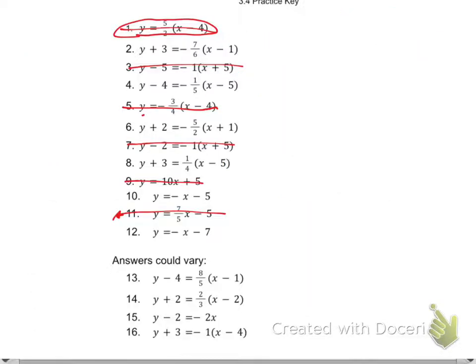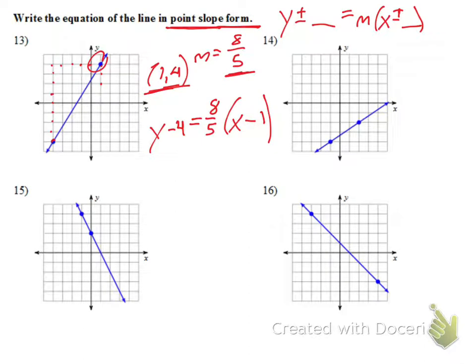So y minus 4 is equal to 8/5 times x minus 1. Perfect, okay? And what that represents in point slope form is that if you have a point and a slope, you can use this equation to go through that point. And that's the equation for it.